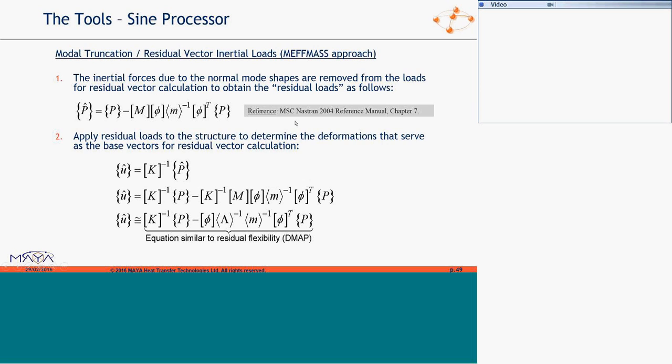Looking at the total forces, what we're doing is removing from the total forces the component of the forces from the loads that retained the solution. This is P, and you subtract the component of the forces.